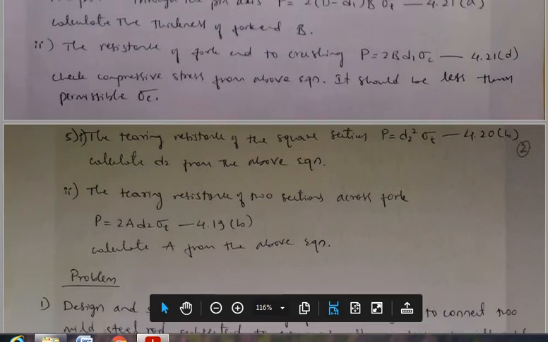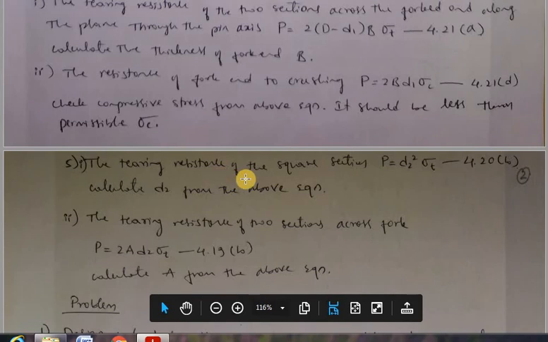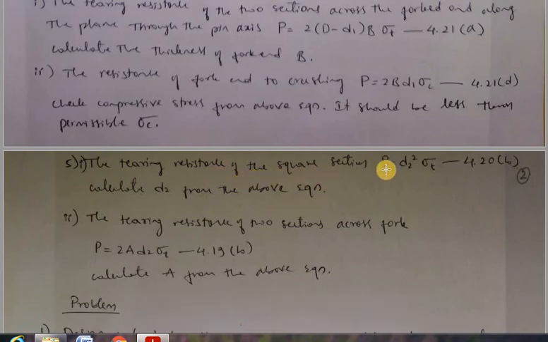Next we have the tearing resistance of the square section, which is given by equation number 4.20b. And from the above equation we are going to calculate the value of d2.